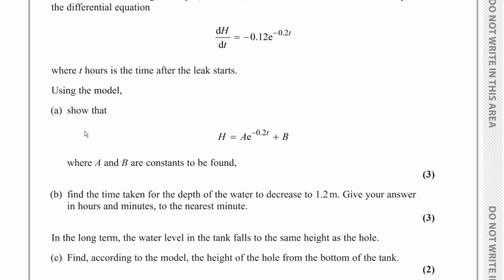Using the model for part A, show that h equals a e to the negative 0.2t plus b, where a and b are constants to be found. Now, for us to find out what h is, we would have to solve this differential equation, and for us to do that, we would have to separate the variables and then integrate.